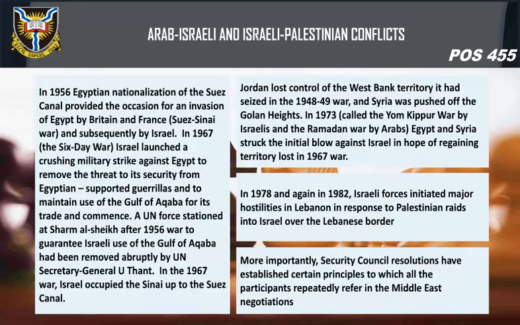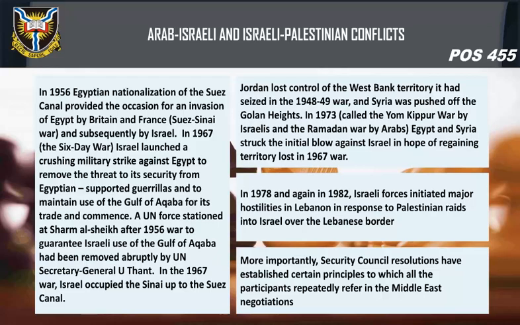In 1956, Egyptian nationalization of the Suez Canal provided the occasion for an invasion of Egypt by Britain and France, and subsequently by Israel. In 1967, the Six-Day War, Israel launched a crushing military strike against Egypt to remove the threat to its security from Egypt-supported guerrillas, and to maintain use of the Gulf of Aqaba for its trade and commerce.